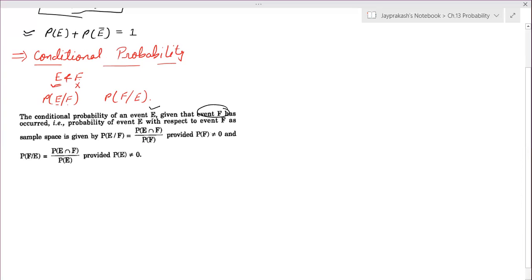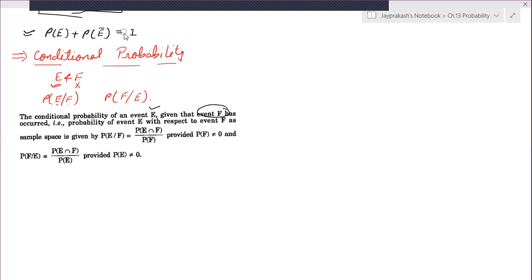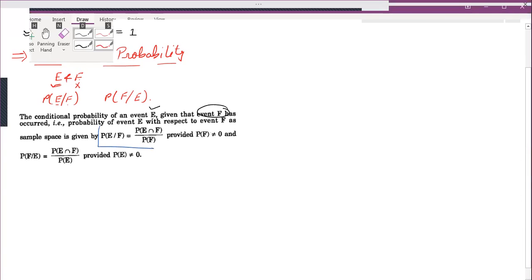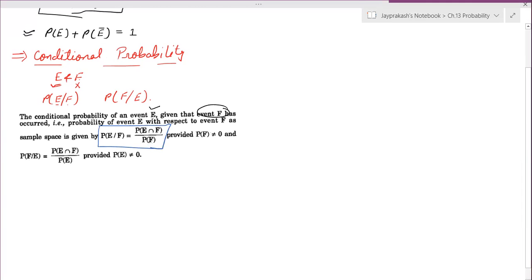That means the probability of event E with respect to F. So we have the formula: P of E given F is equal to P of E intersection F, or you can also write F intersection E, upon P of F. Then the second is P of F given E, which is P of E intersection F upon P of E, when E is given.